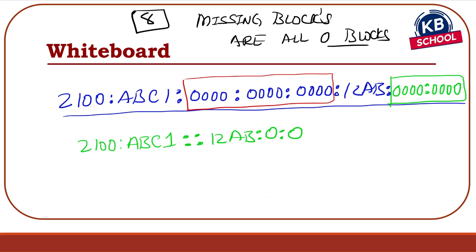So again, it knows that I have 5 blocks represented, 2 on the left of the double colon, 3 on the right. That again puts me with 3 missing blocks. I can only do it once inside an IPv6 address. So this is an all 0 block by itself. This is the double colon, where all the missing blocks are zeros. So again, only once in an IPv6 address.